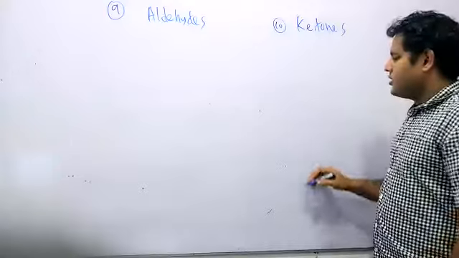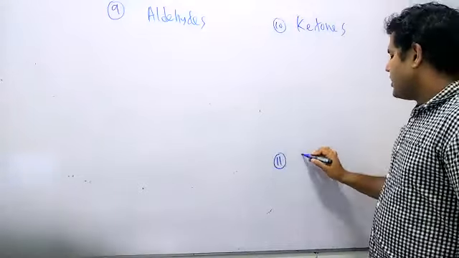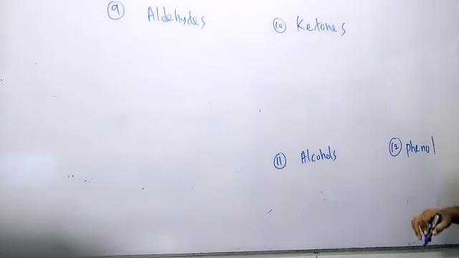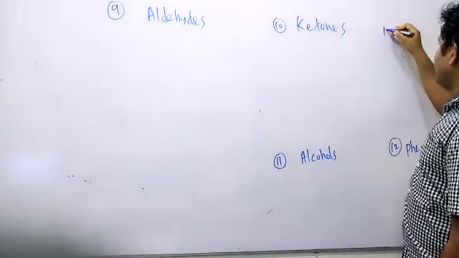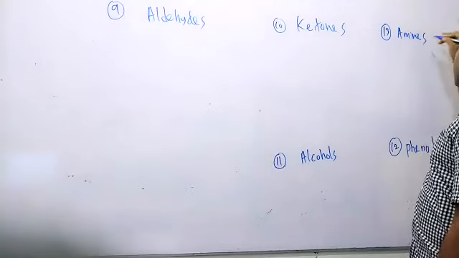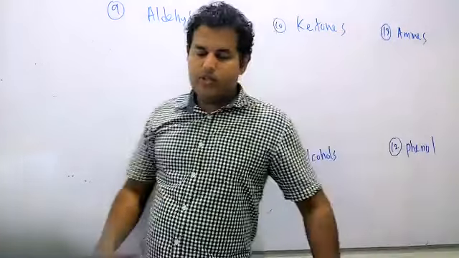The 11th one is alcohols. In alcohols, we'll be getting a special compound called phenol. And the 13th one will be amines. I'm going to extend several compounds now because these are a bit simple.